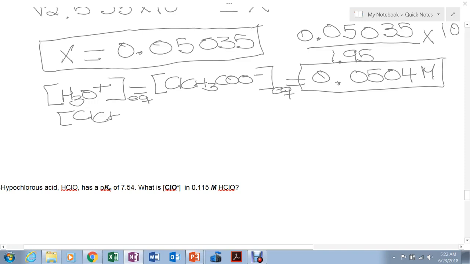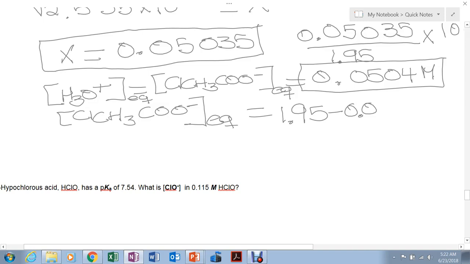ClCH2COOH is the initial given, and then you have it in equilibrium after ionization of the acid. So the initial was 1.95 minus 0.0504, the x.